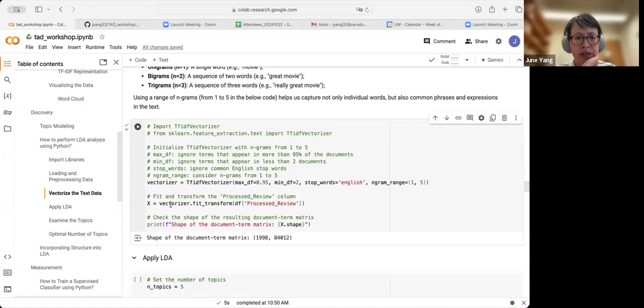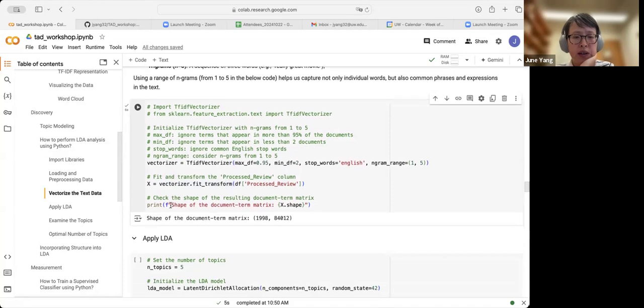And then here we fit and transform the processed review column. We can check out the shape of the resulting document term matrix. Notice that this 1998 means that we have this many documents in our data set after we clean it and dedupe it.